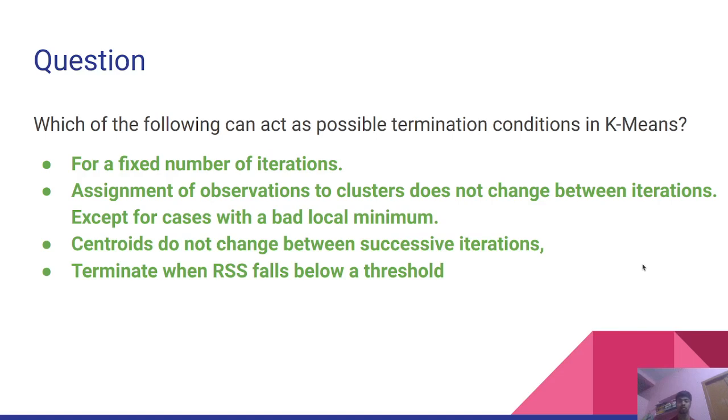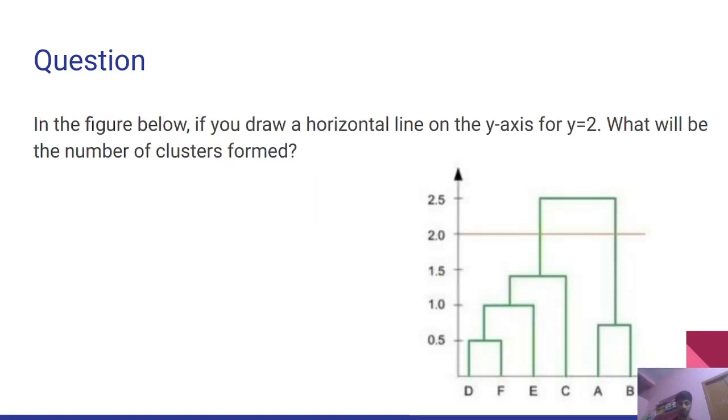So I'll go to the next question. So we have an agglomerative clustering here. Okay, and here y equal to 2, we have a line here. At this point. So if we consider y equal to 2 here, what is the number of clusters here?